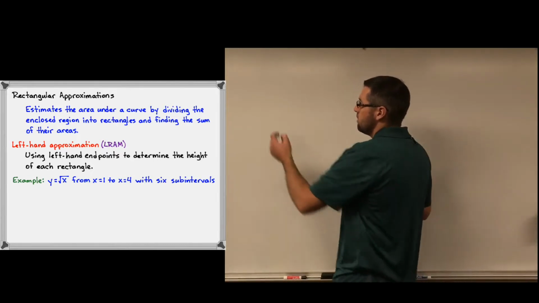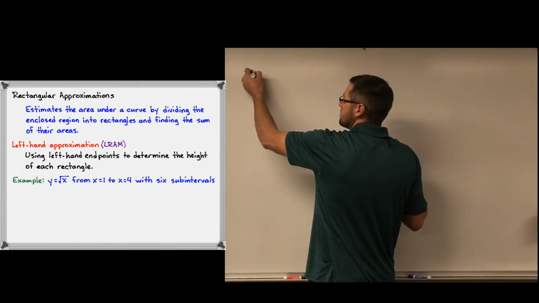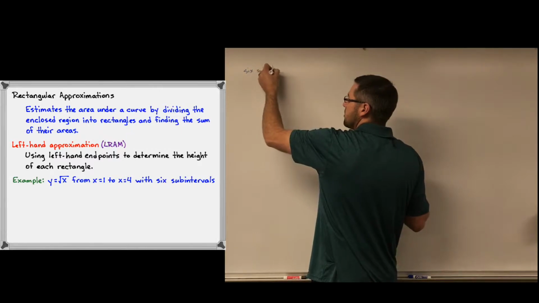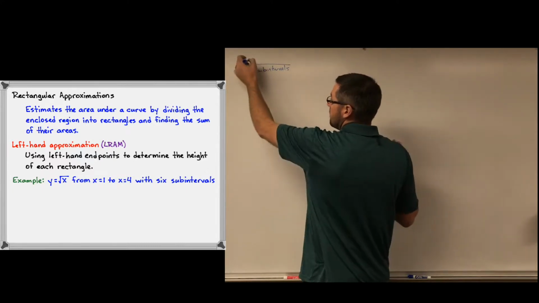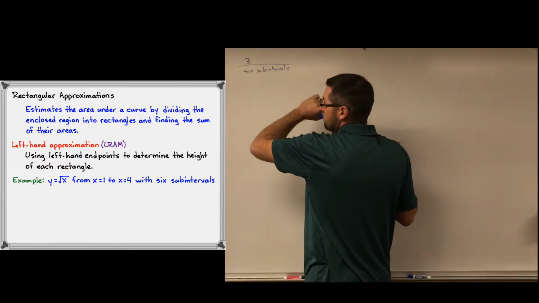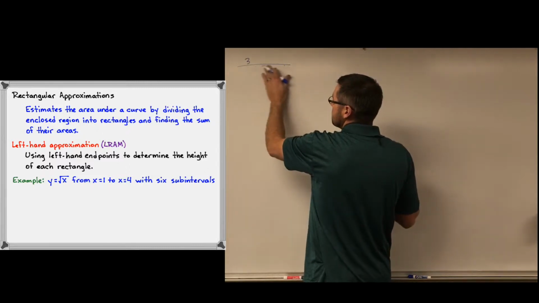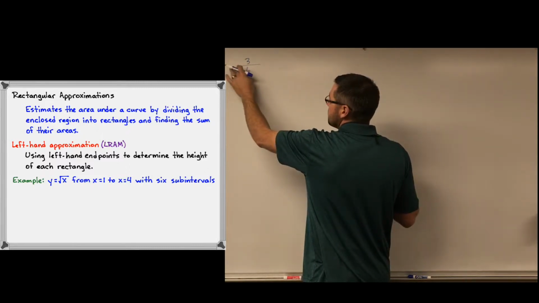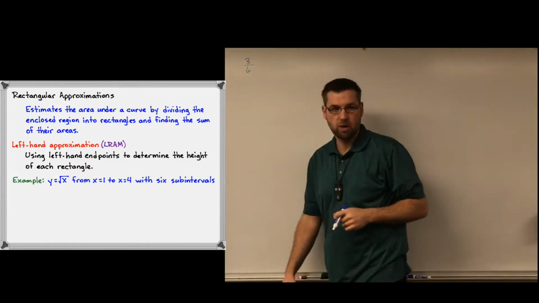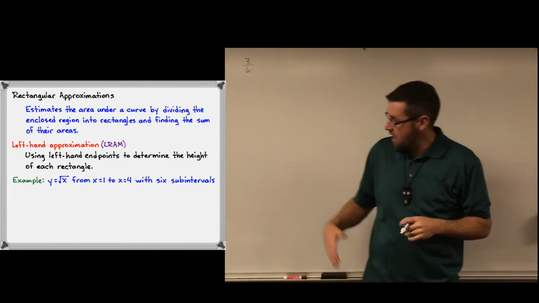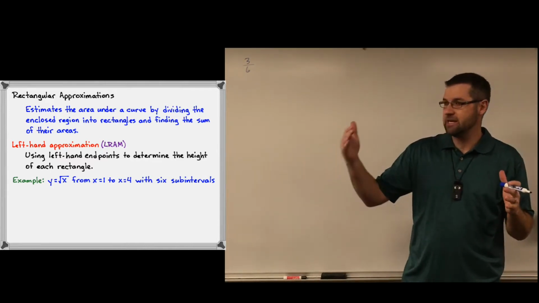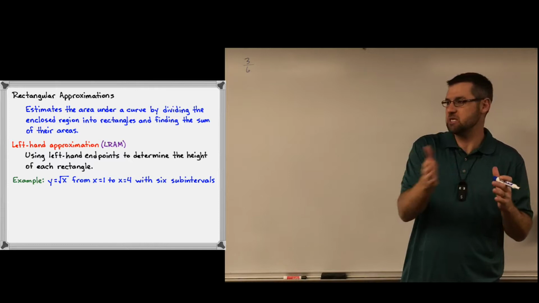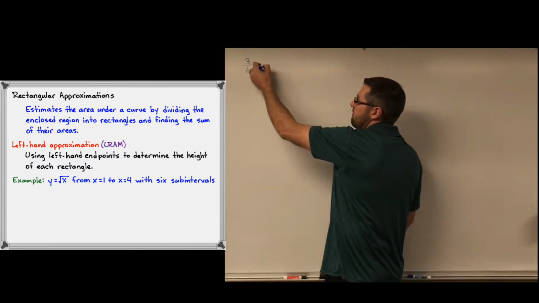We have 6 subintervals. And what is the total interval? 3. So how wide is each subinterval? If I'm starting at 1 and going to 4, the whole length is 3. And we are cutting it into 6 pieces. So that means each piece is 1/2 or 0.5, right?